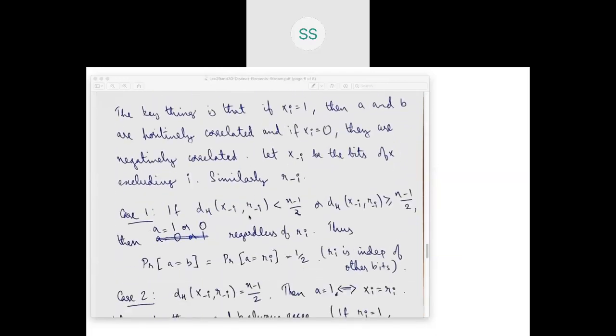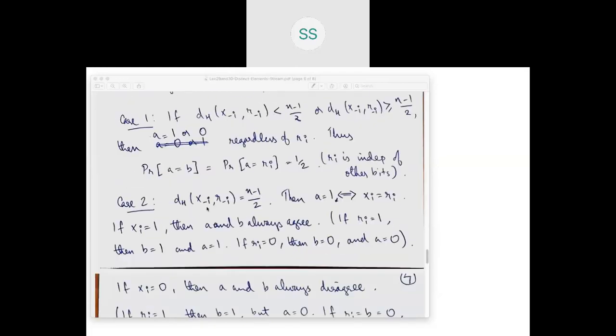And case 1 is when the rest of x except the ith index and rest of r except for the ith index have low Hamming distance or high Hamming distance. So this should be strictly greater than, in which case the Hamming distance between xi and ri does not come into the picture at all. So in this case, the probability that A equal to B is just the probability that A equal to Ri, which is independent of everything else, so it is half.